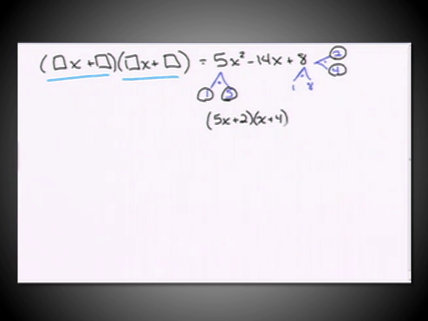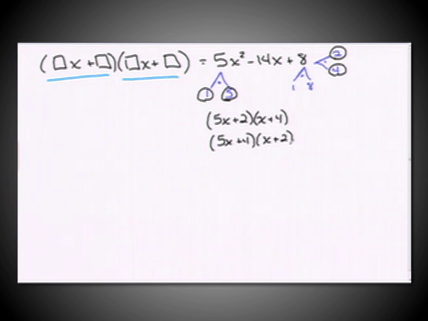So I want to try all the combinations using these factors before I move on to a different set of factors, being the 1 and the 8 in the second slots of each set of parentheses. So I'm just going to start mixing and matching all the possibilities. So we could have 5x plus 4 and x plus 2.